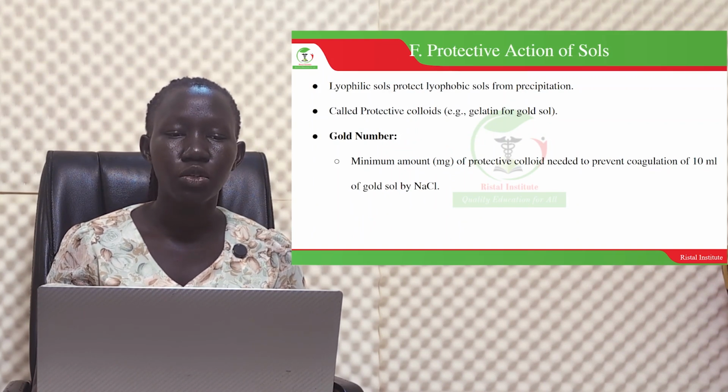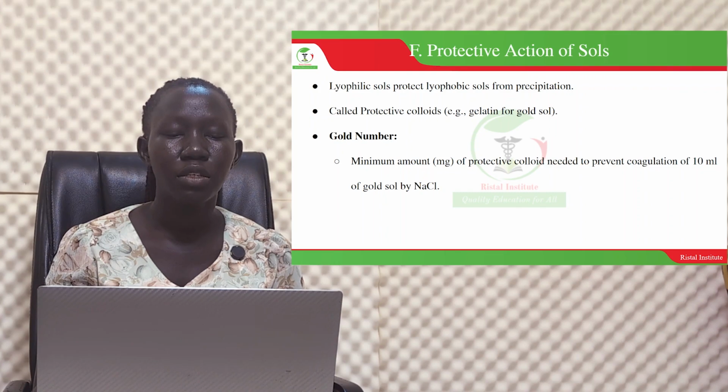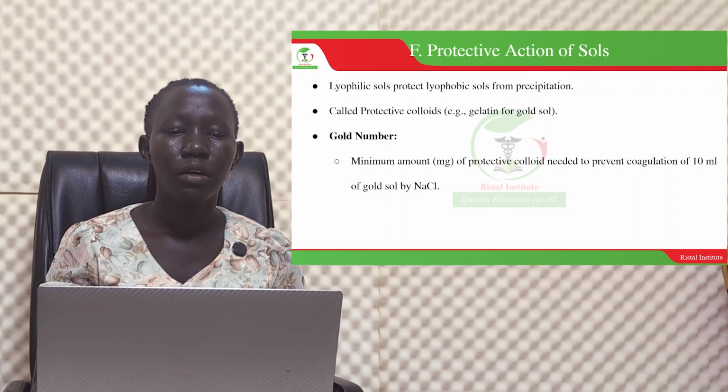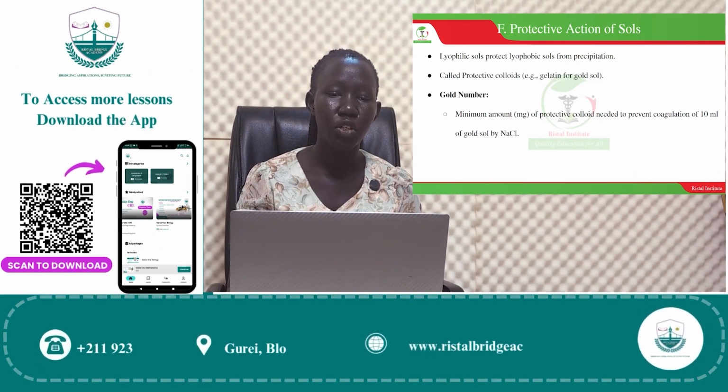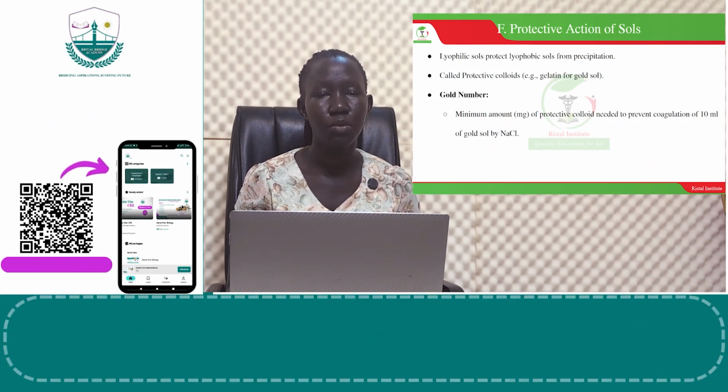The protective action of sols. In the previous class, we noted two types of sols, the lyophilic and the lyophobic sols. The lyophilic sols protect the lyophobic sols from precipitation. If you mix the two sols together, one will prevent the other from precipitation, which is the lyophilic protecting the lyophobic from precipitation.